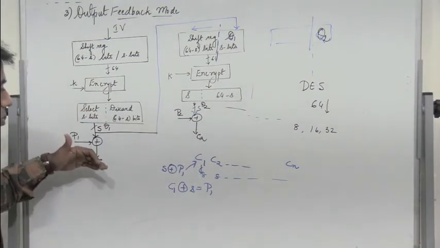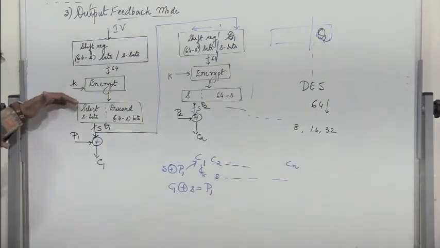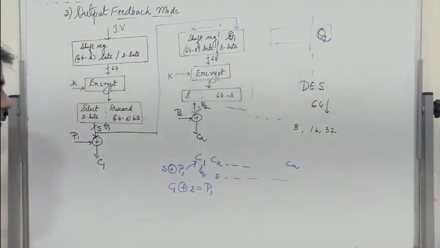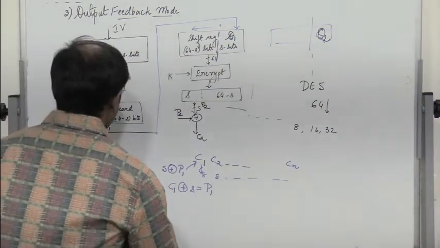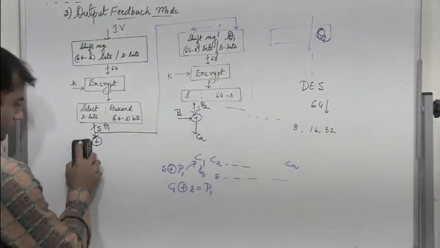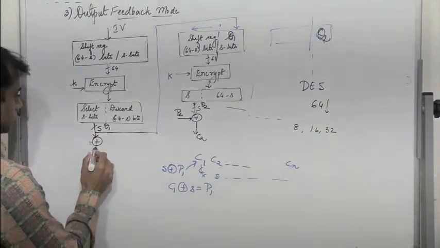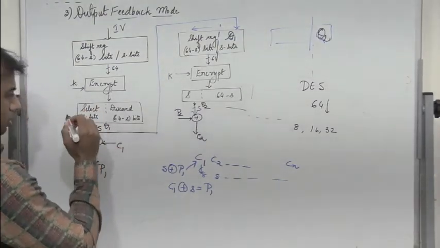Now what about the process of decryption? In the process of decryption, as I said, the process here still remains the same. So we obtain P1 by XORing with C1.